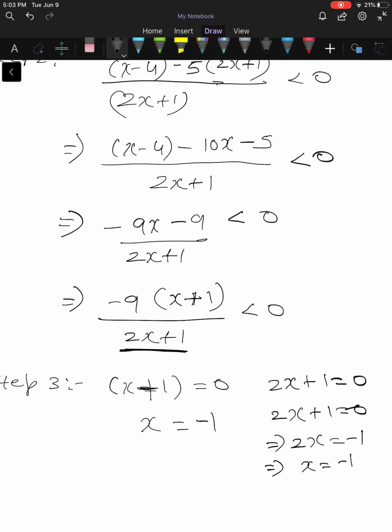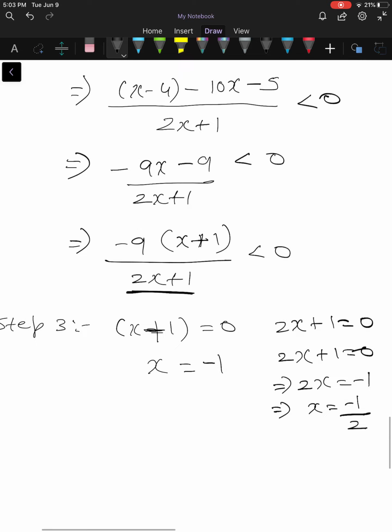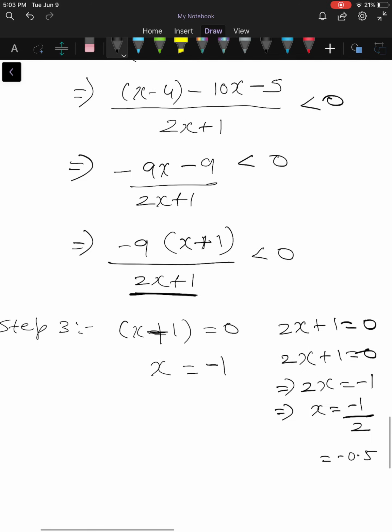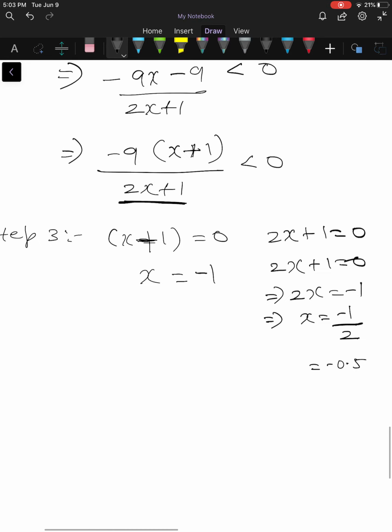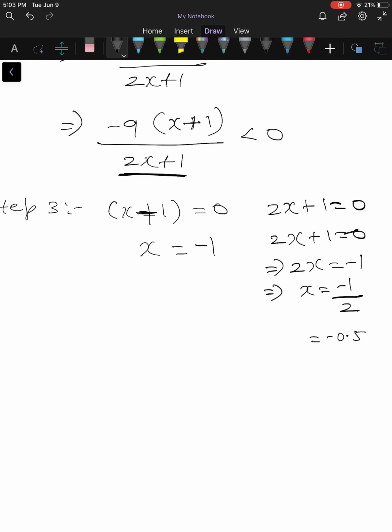That implies x should be negative 1 divided by 2, that is negative 0.5 in decimal format. So if you have to plot this on a real line, negative 0.5 is greater than negative 1.